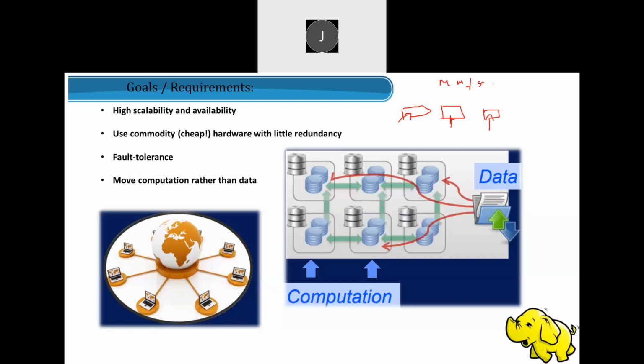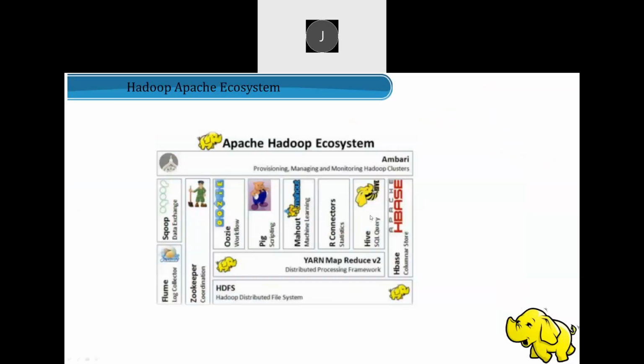Okay, so this is the pictorial representation. The ecosystem is like this: whenever you install Hadoop, or say you have a Hadoop ecosystem or environment in your setup, it will have the distributed file system to store your data set.